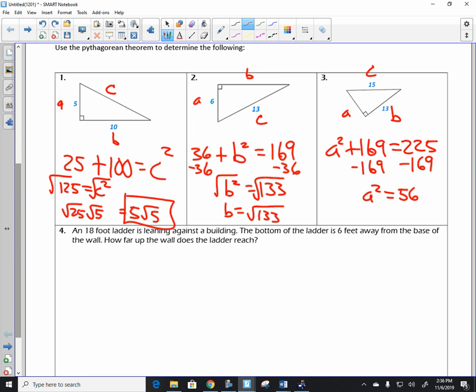Can you simplify the square root of 56? You can. 4 goes in how many times? Square root of 4 times square root of 14, or 2 roots of 14.